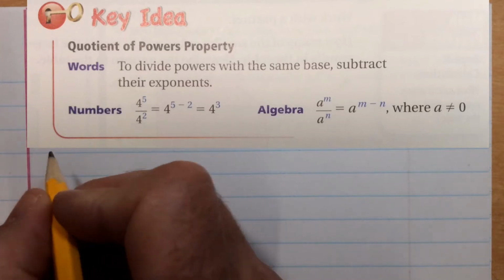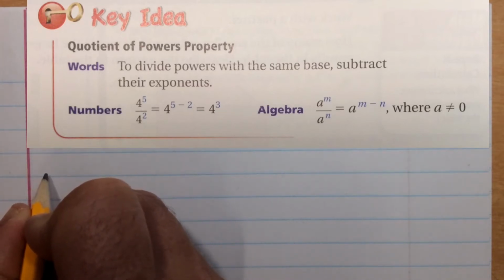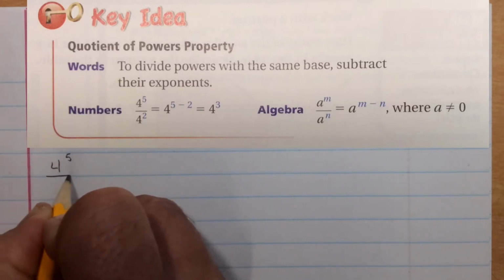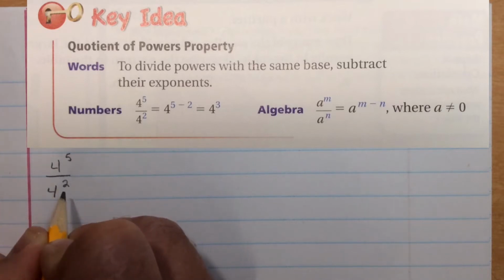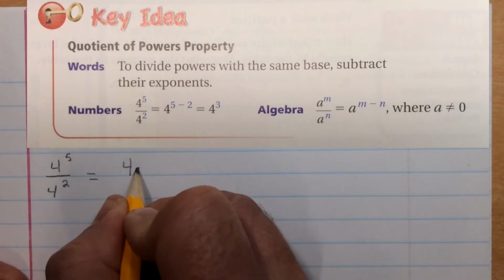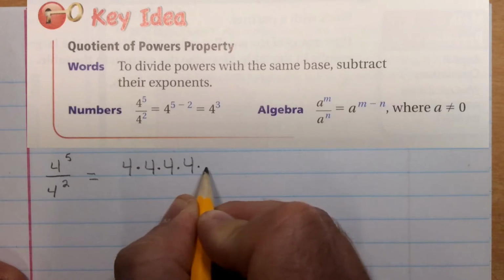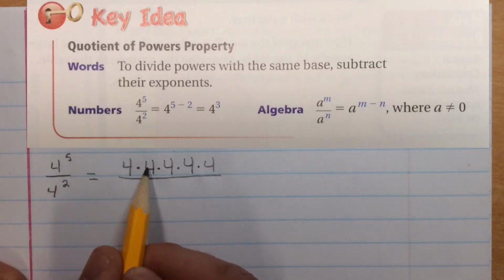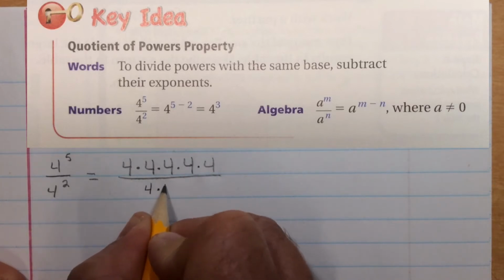And if you see, the numbers that they give us for the key idea are 4 to the 5th power over 4 to the 2nd power. They show the subtraction, but really what this means, on the top of the vinculum or fraction bar, for those of you that want to use such a 6th grade term, is that 4 to the 5th power means 4 times 4 times 4 times 4 times 4, and 4 to the 2nd power is 4 times 4.